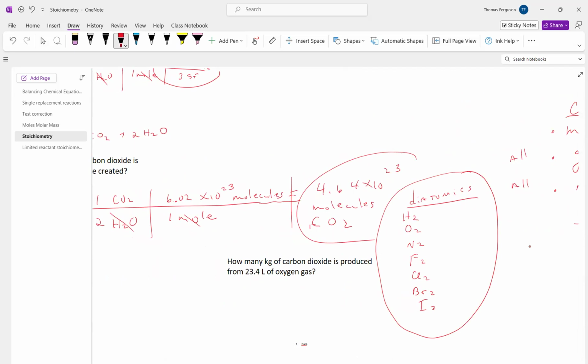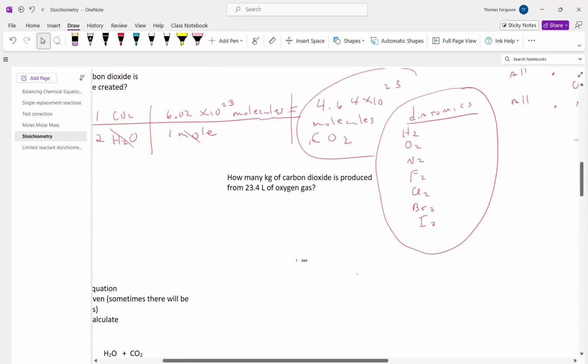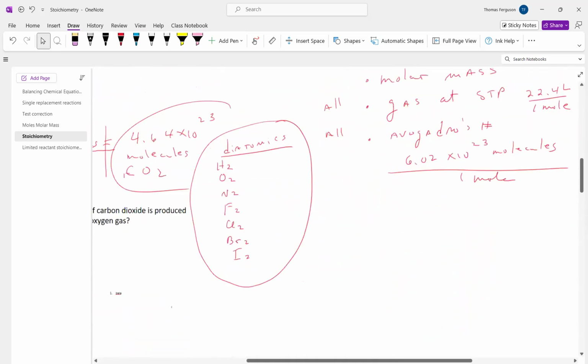Okay, so there's hydrogen, nitrogen, oxygen, and all the halogens. So that's fluorine, chlorine, bromine, iodine. These guys.